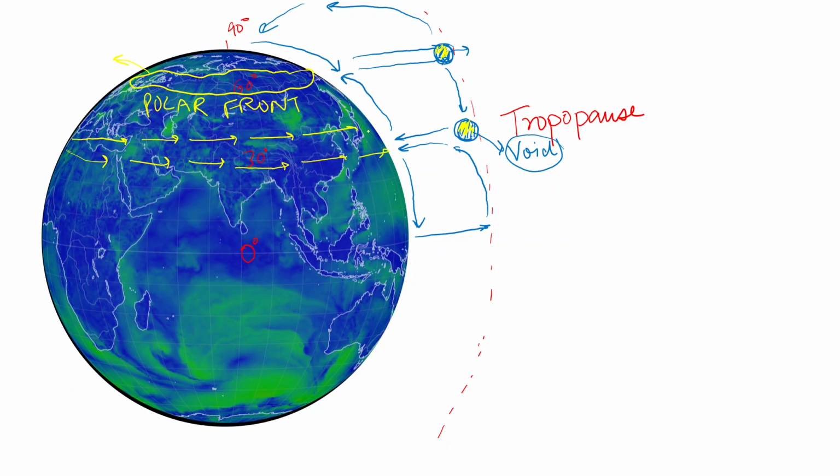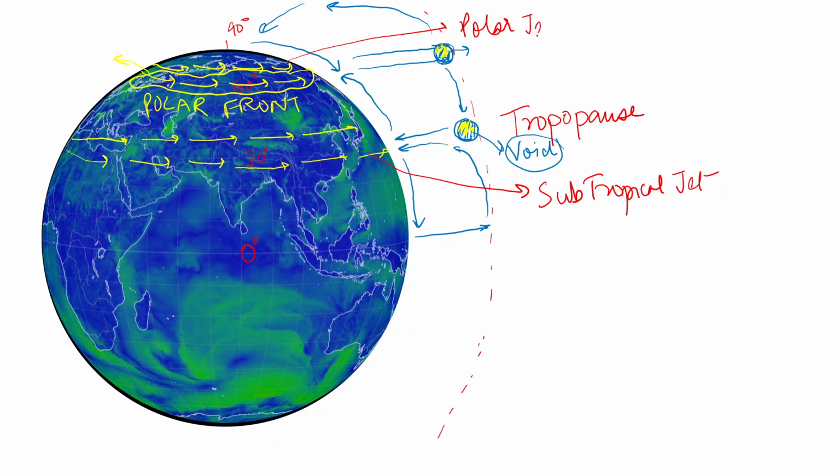Interestingly, they will be concentrated only in two zones, the 30° latitude, that is the subtropical latitude, and then over here at the polar latitudes. So these two together form the jet streams, and thus we get two types of jets. This is called the subtropical jets, while these are the polar jets. Okay, I hope this diagram you understood.